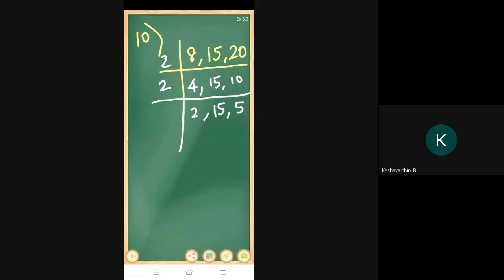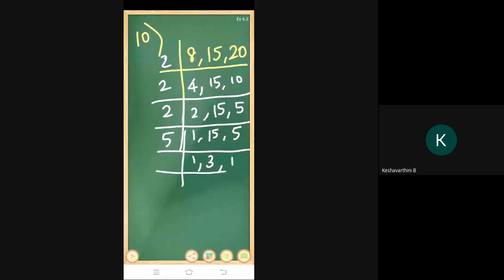Good. Again 2 table, 2 one time. 15 as it is. 5 as it is. 5 table, 1 as it is. 15, 3 table, and 15, 5 times. And 5, 1 time. In 3 table, 1, 1 and 1.